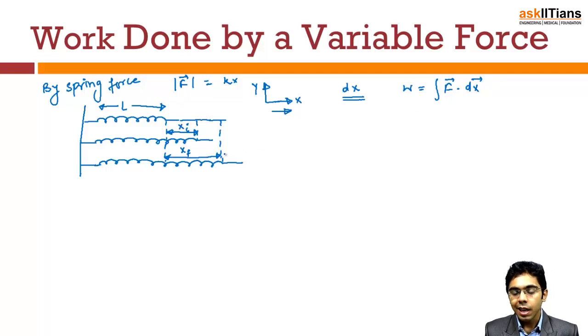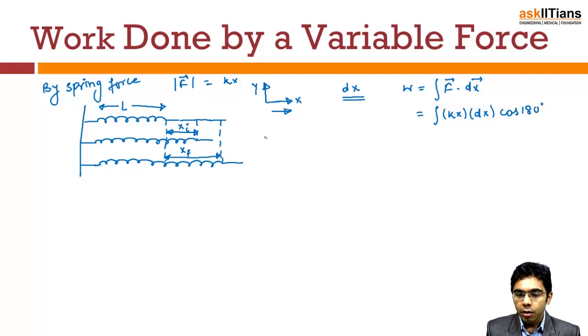If the spring is being extended, the force magnitude will be kx, and dx magnitude into cos 180 degrees, because the force is acting in this direction and the displacement is acting in this direction. So we get minus integration kx dx.